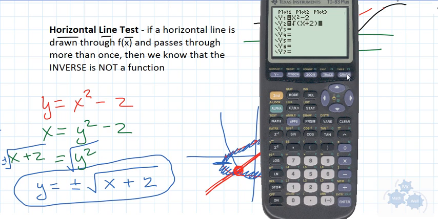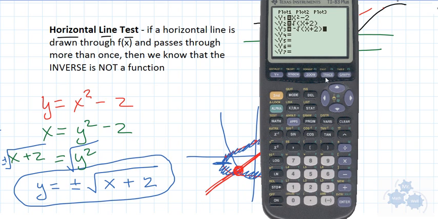There's the parabola, and there is the top part of the inverse. That's the positive part.